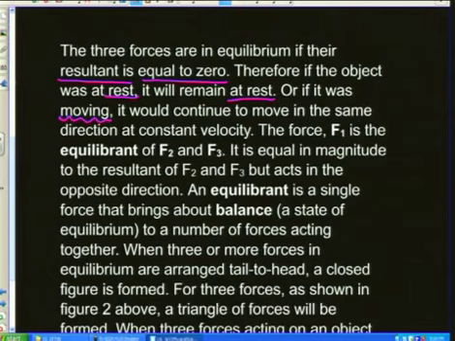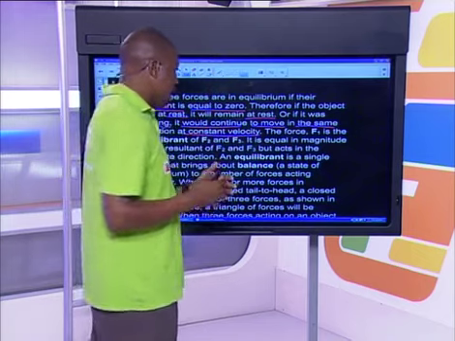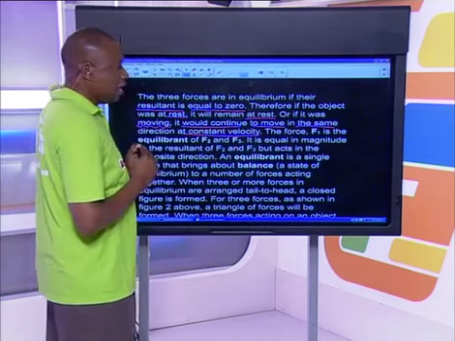If this object was moving, it would continue to move in the same direction at constant velocity if all those forces, the 3 forces, are acting on it and they are in equilibrium. They give you a closed figure when you put them tail to head. Okay, so even if something is moving, it can just continue to move with the same velocity, same speed, and in the same direction. Okay, that tells you the forces are in equilibrium.